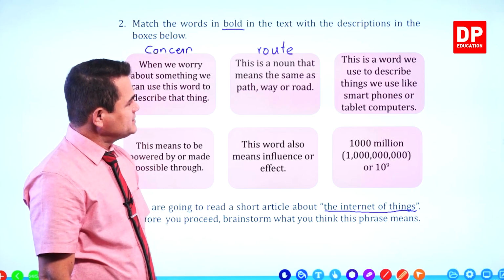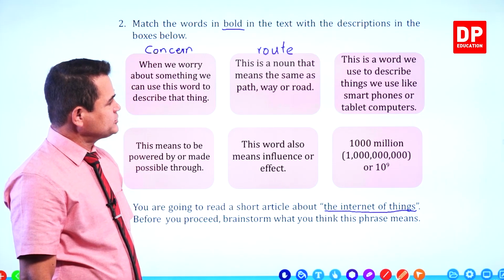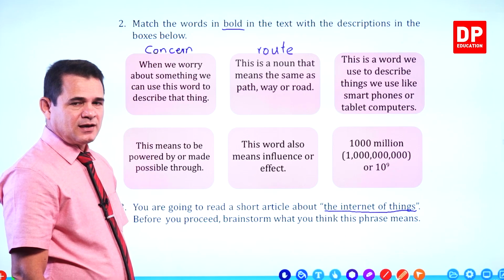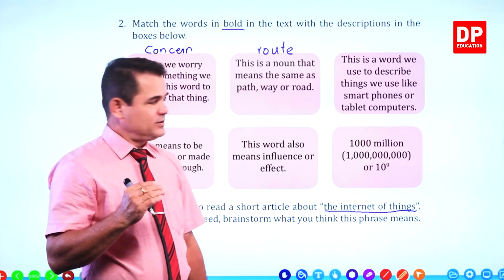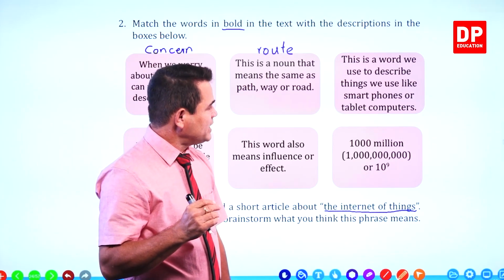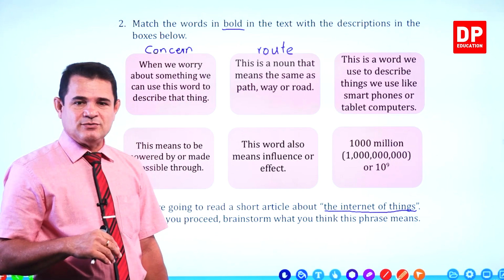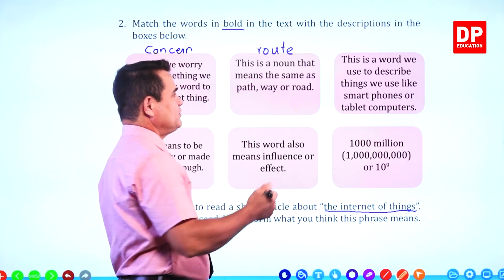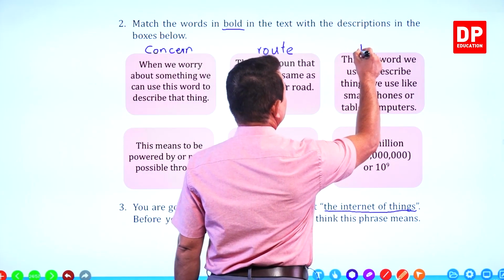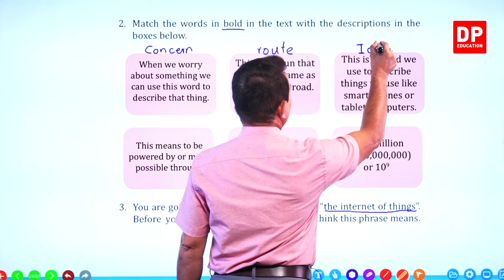Next, this is a word we use to describe. විස්තර කරනද? We use like smartphone, tablet, ඒ වගේ දේවල් විස්තර කරන වචනයක්. මොකද්ද? Internet of Things. IoT.